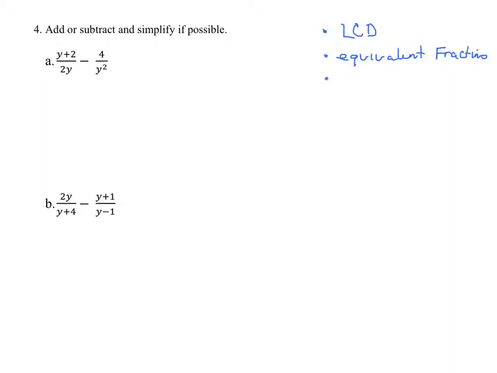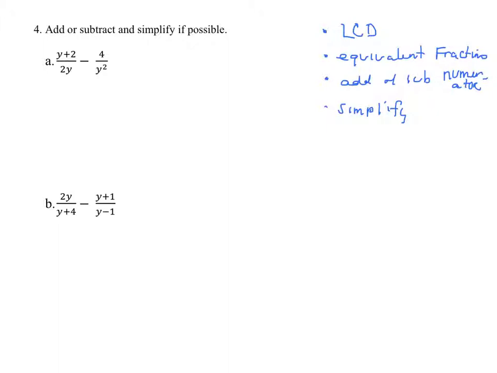Good. Third step, add or subtract numerator. And then simplify. So if you keep focused on these steps and don't panic, you're going to be golden.